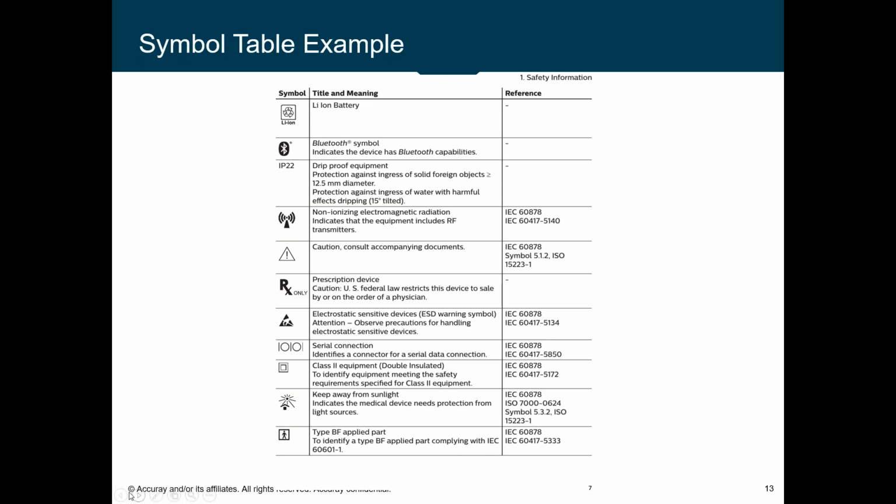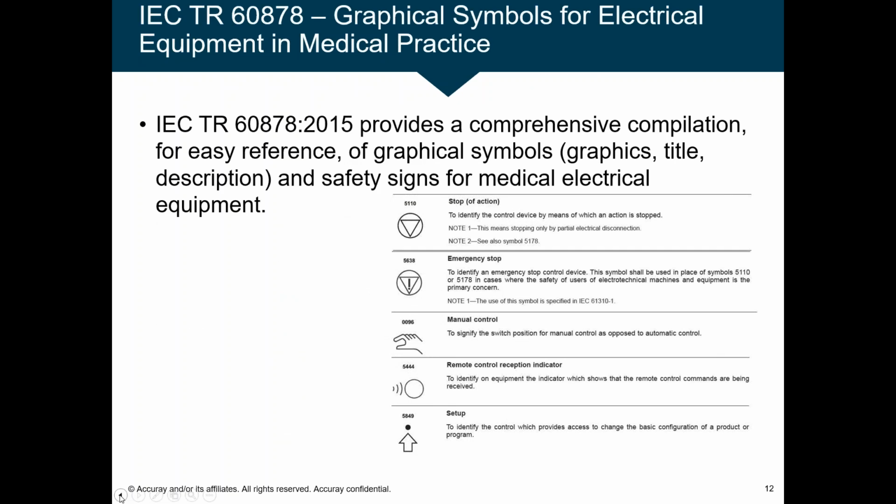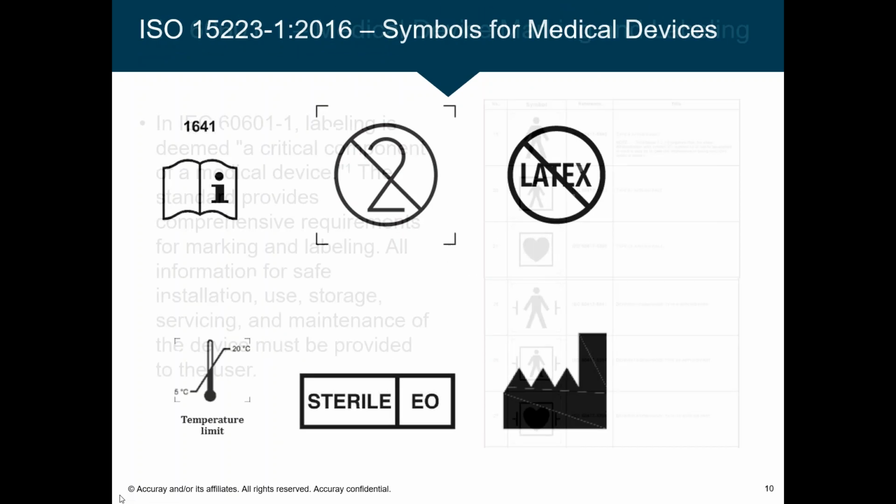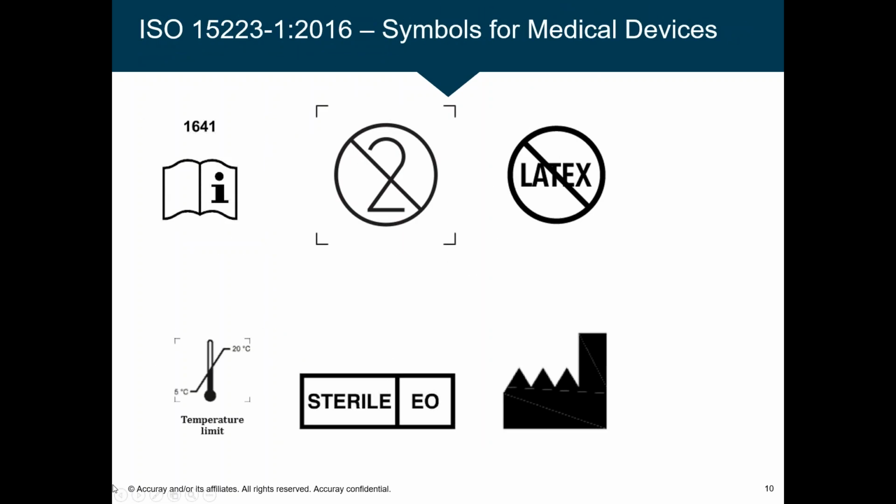So it's kind of a circular argument, right? But there isn't a requirement that says you have to use 15223. But if you're going to use symbols to represent content, then you should be using the standard. Does that answer the question?